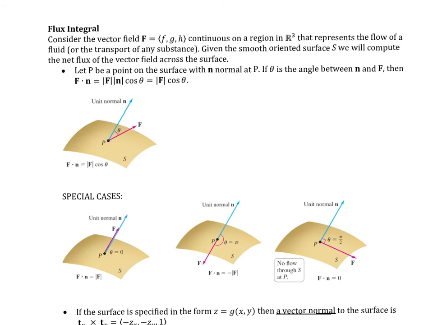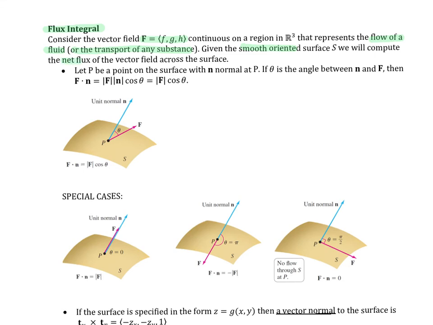So let's look at our flux integral, and that's where we're headed here, to compute flux in three-dimensional space. So let's say we have a vector field and we're in three-dimensional space, so it's F, G, H. And sometimes it's helpful to think of it as the flow of a fluid or transporting any substance. So we're going to have this nice, smooth, oriented surface that we talked about before, the orientable surfaces.